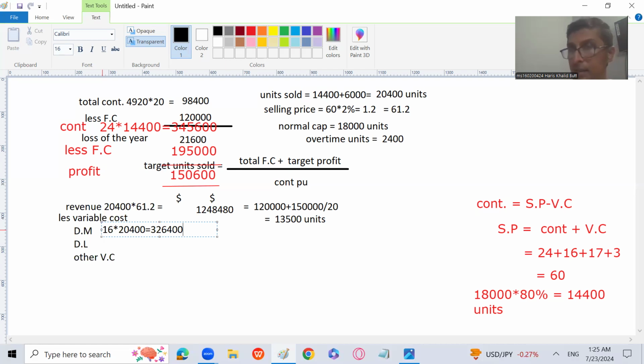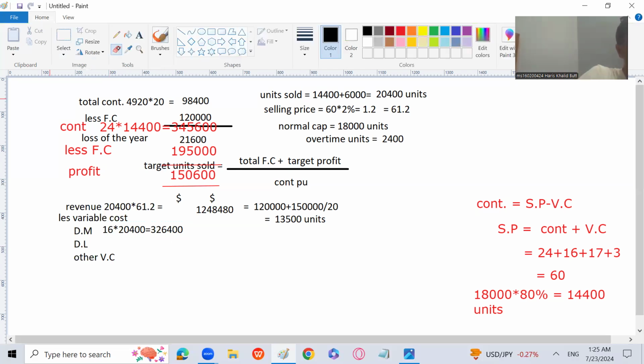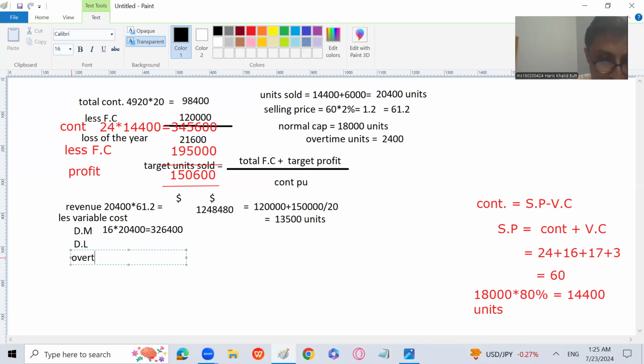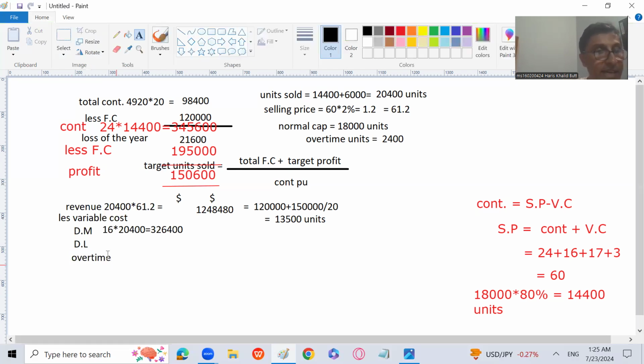Then direct labor is going to be how much? We have to do it in a different manner because direct labor will have two variations: one is the normal direct labor and the other is the overtime. So let me write both.